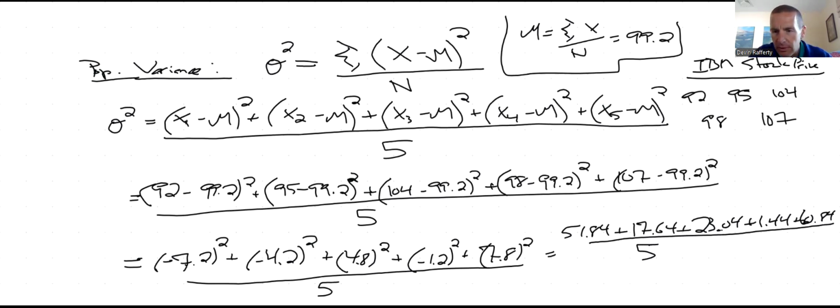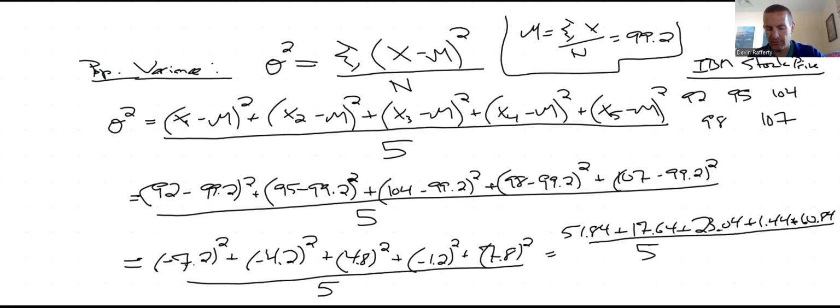Let me get this cleaned up here. 1.44 plus 60.84. All right, so now let's add up the numerator.